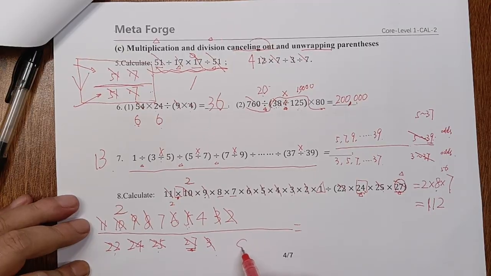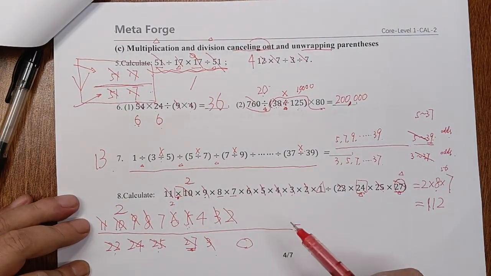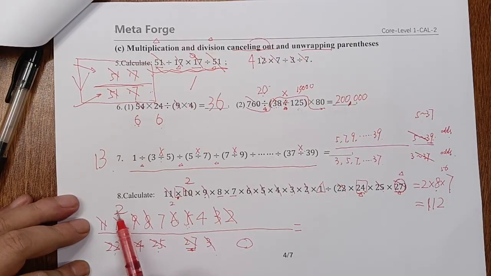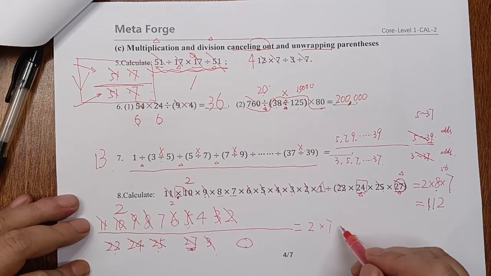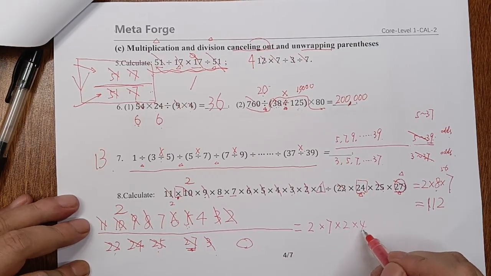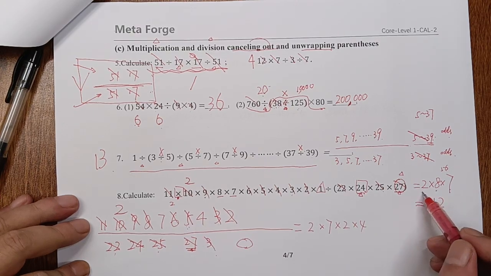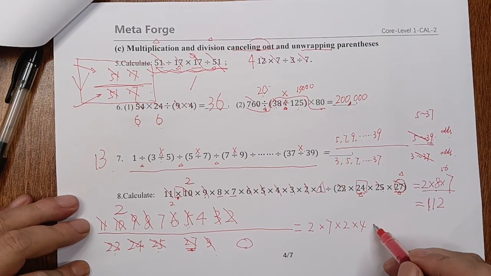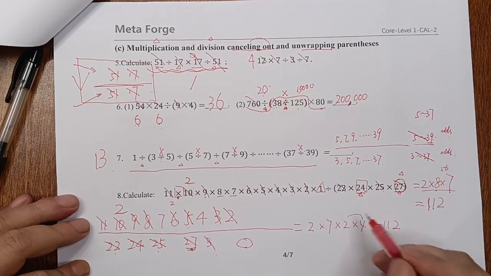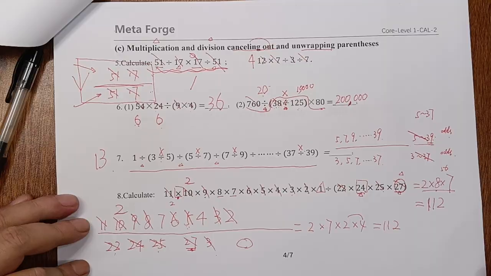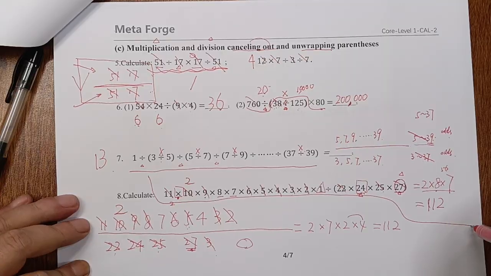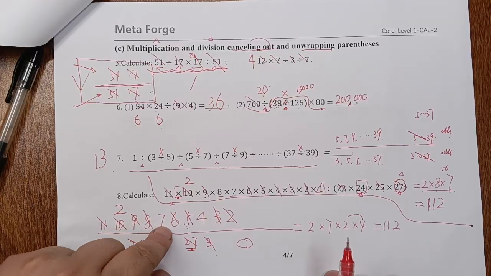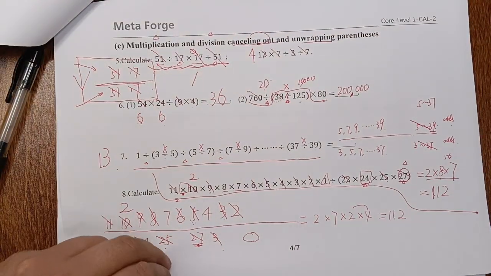So yeah, the division part is all gone. Only left 2, 7, 2, 4. Okay, just like this. Here is 8. I recommend this way, but it needs your capability.